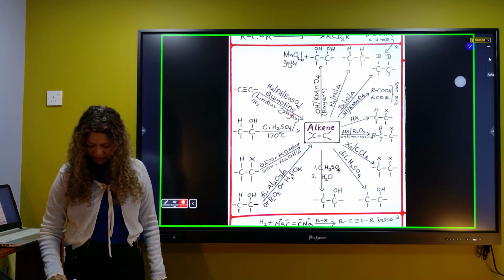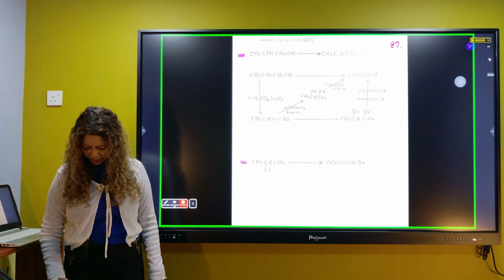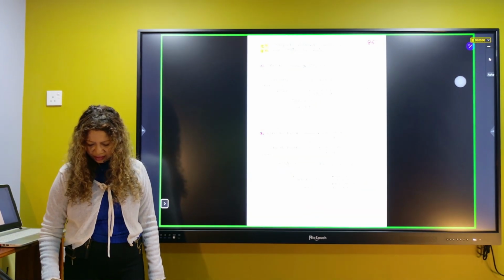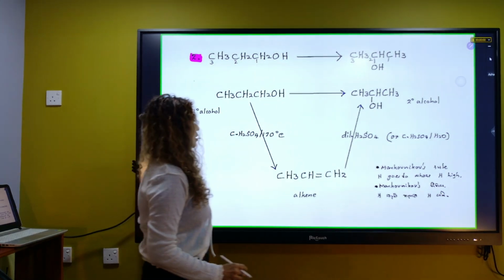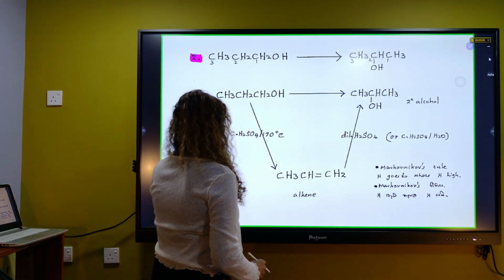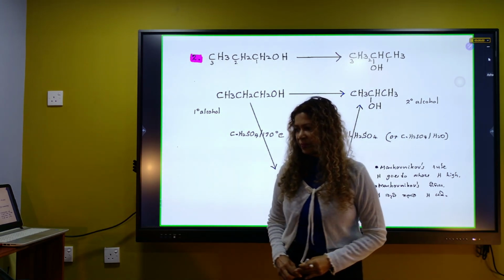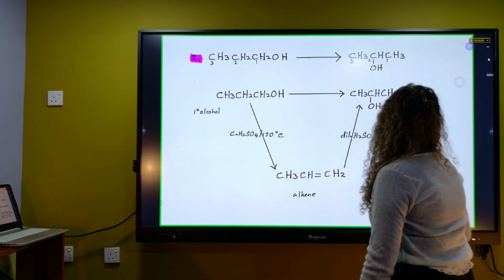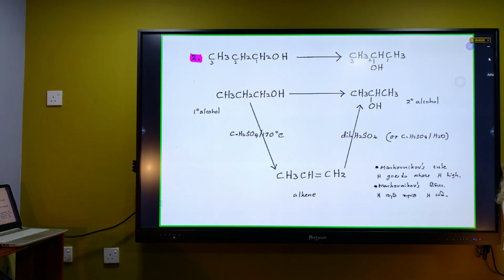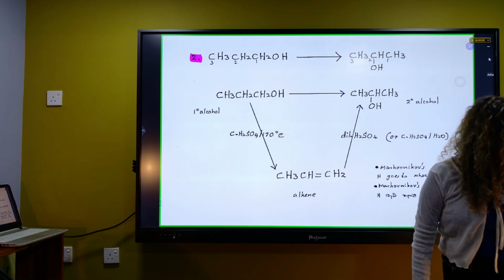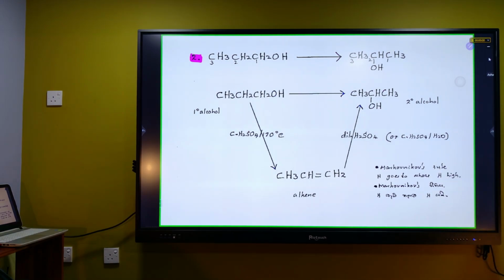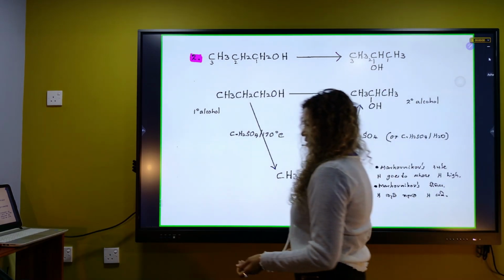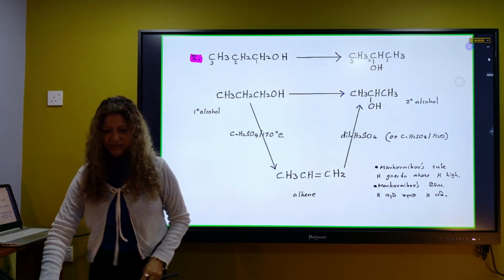If I give you the exact conversion here, they are giving this kind of a little conversion. Here you have a 3 carbon alcohol, and initially a 3 carbon alcohol. I can't find my, oh, it's here.